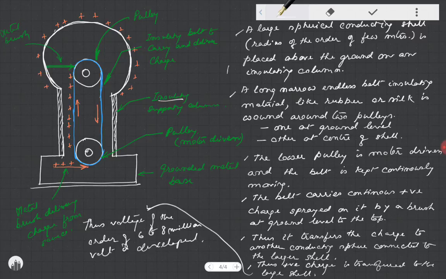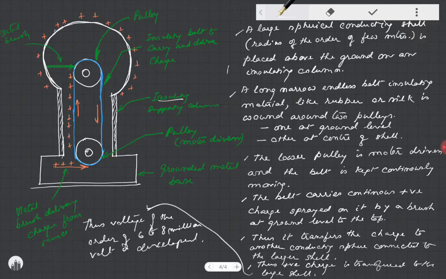and a long narrow endless belt of insulating material, this blue colored is the insulating belt. It is made of rubber or silk and is wound around two pulleys. The upper pulley is fixed at the center of the large sphere, and the lower pulley is placed at the other end.